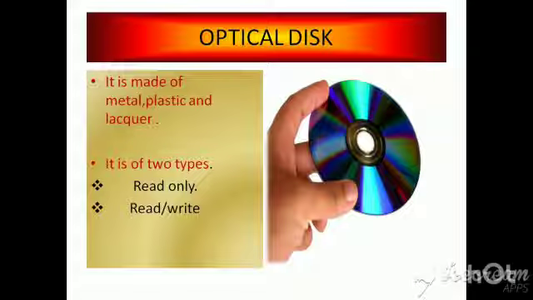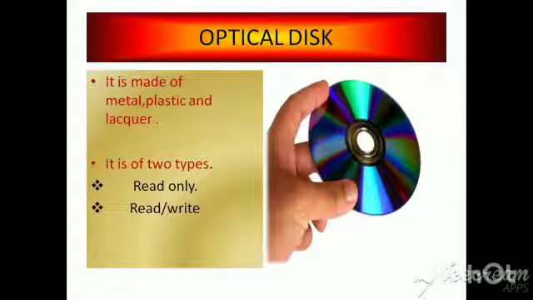It is also a type of storage media that consists of a flat, round, portable disc made of metal, plastic, etc. Some optical disc formats are read only and some are read and write.